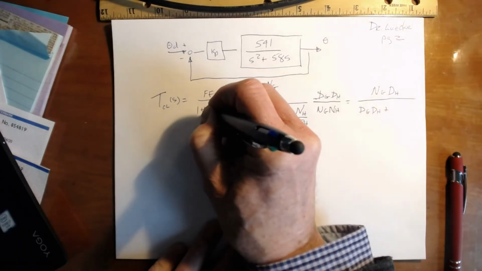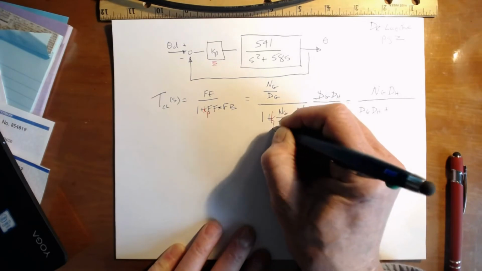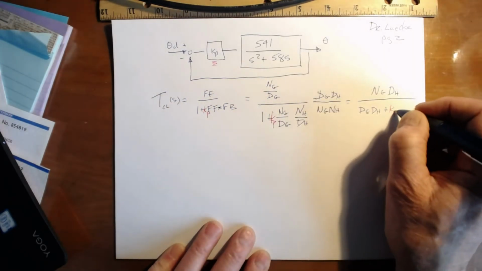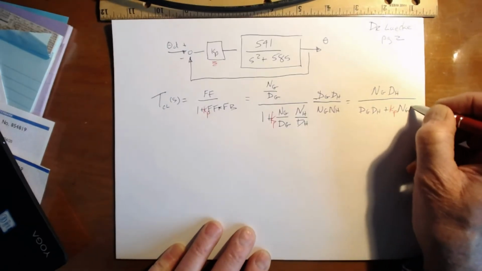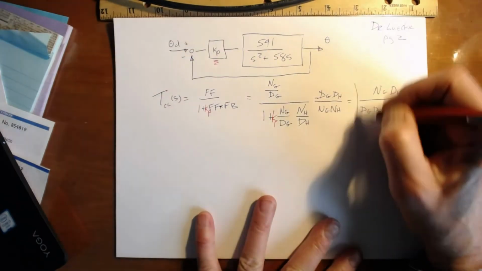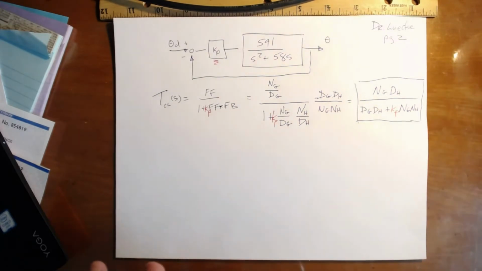Sometimes people break out this Kp as separate. I'm going to just do that here because it'll be useful for us later. This is going to be Kp times the numerator of g times the numerator of h.